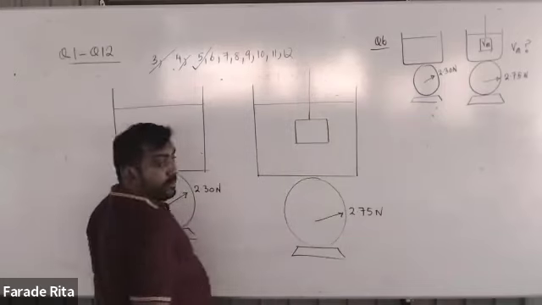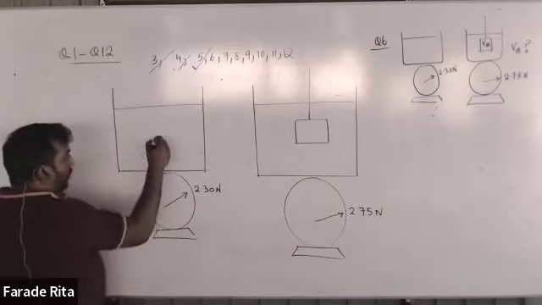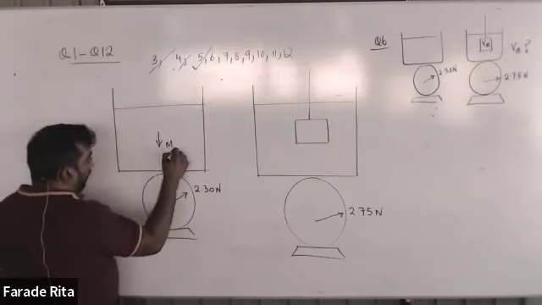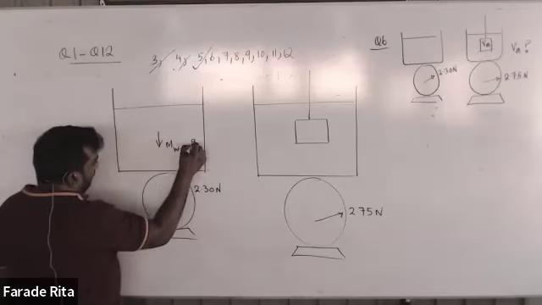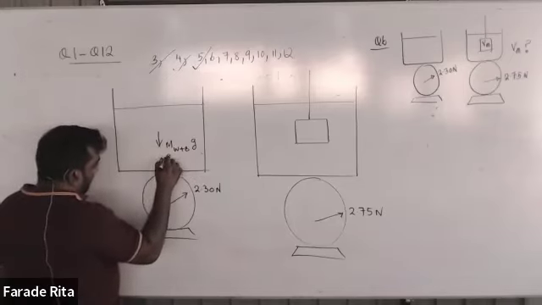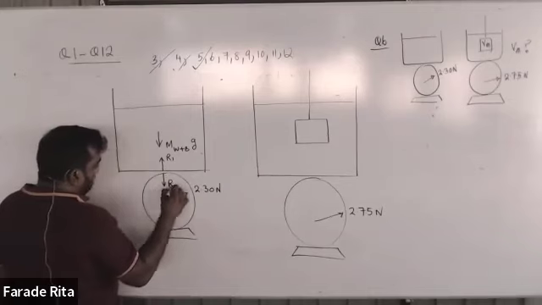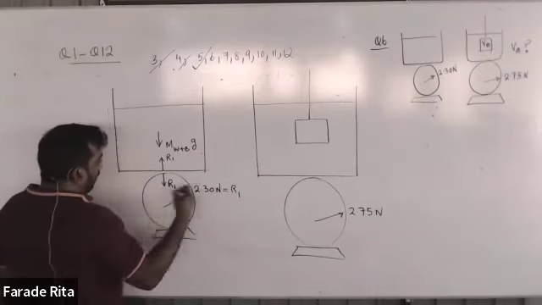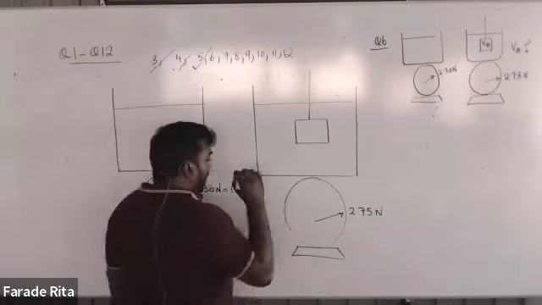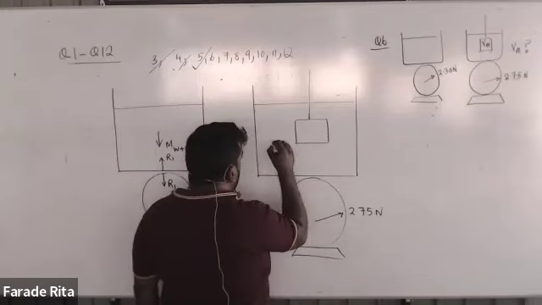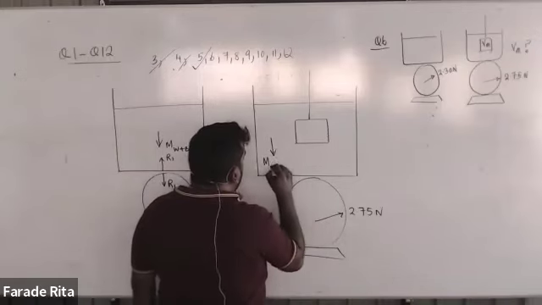Look at this carefully. Here you have the weight of the water and the beaker. Here reaction, equal and opposite reaction. That reaction only is 2.3. Here you have the weight of the water and the beaker.